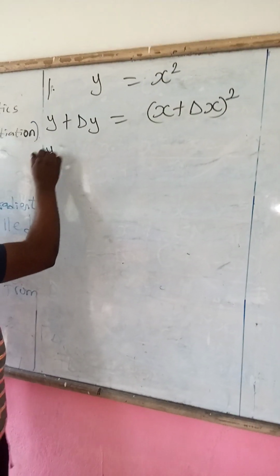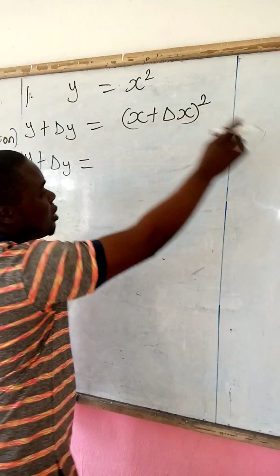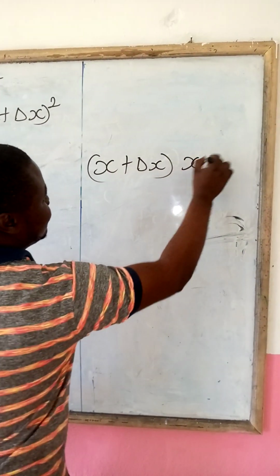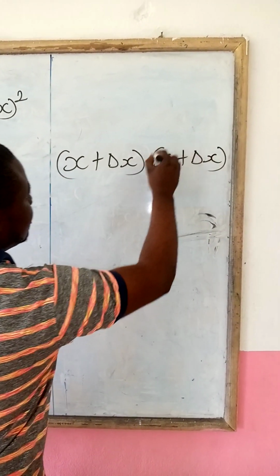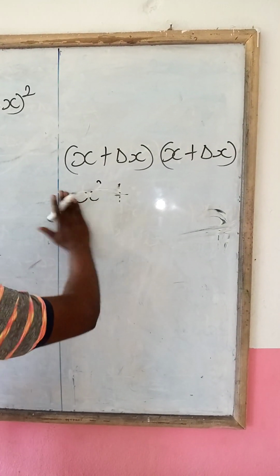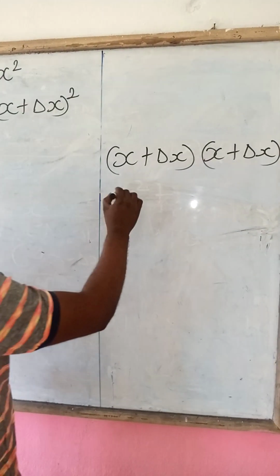So we have y plus δy equals, you need to expand this. Are you aware that this means x plus δx, then x plus δx? Let me break it down in a better way, because it might not be clear to some people.